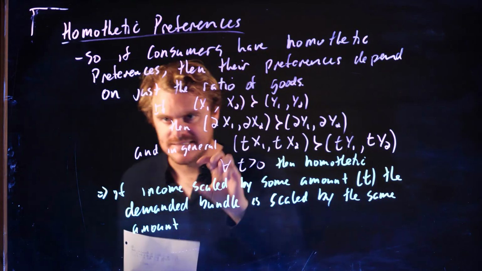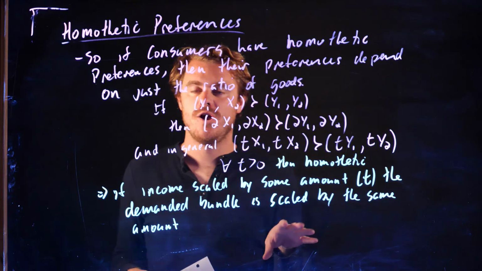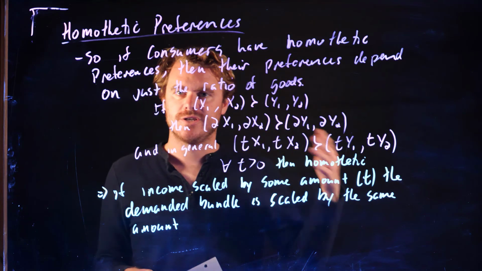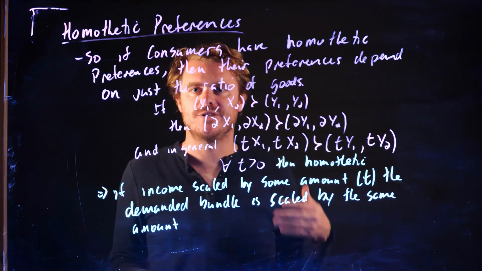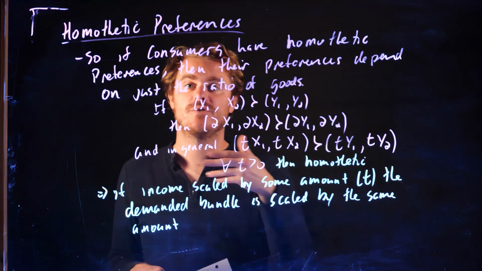And we saw that exactly with the Cobb-Douglas. It was really easy to see with the Cobb-Douglas, right? Where we're spending a constant fraction of our income on each of the goods. Well, that just means if we double our income, we're going to double the amount of each good that we have, right? So that was very easy. We could do the same thing for the other preferences we've seen.